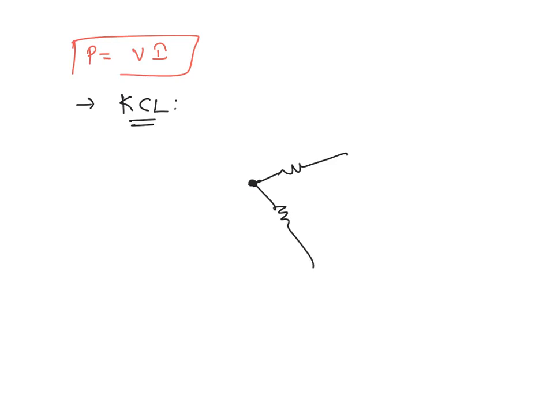Say these contain R1, R2 and R3, and this is I1, this is I2 and this is I3. This is just an assumed diagram here. The point at which 2 or more branches meet is called a junction or node.